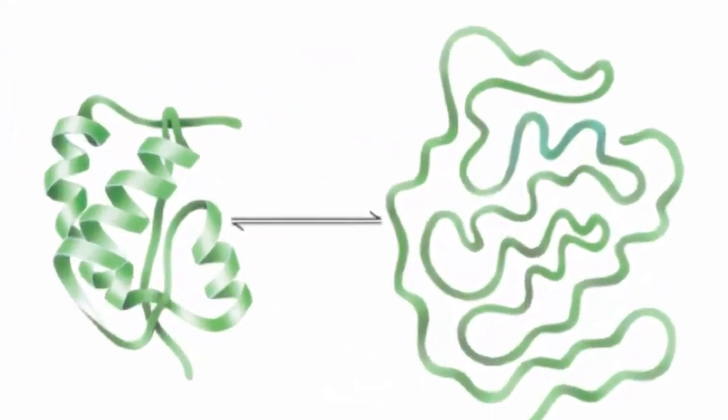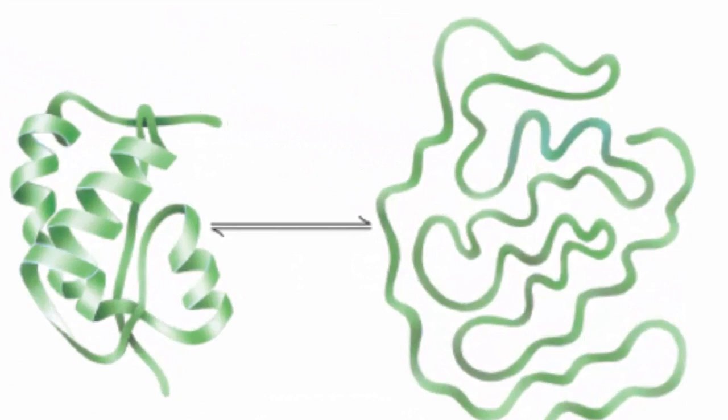So if we look at this figure, it shows us denaturation of protein. This is the native conformation and this is the denatured conformation. They found that the native conformation, however, can be recovered when denaturing agents are removed.